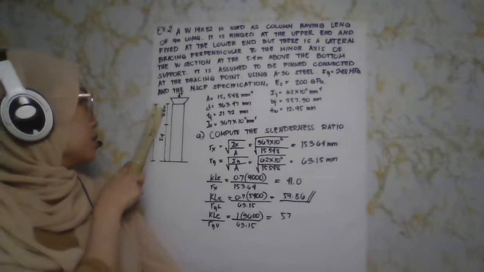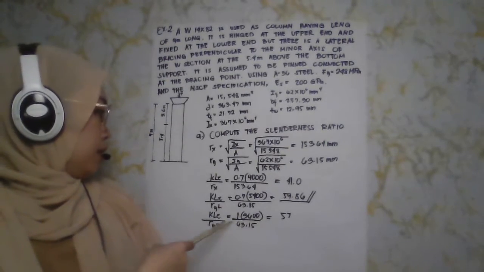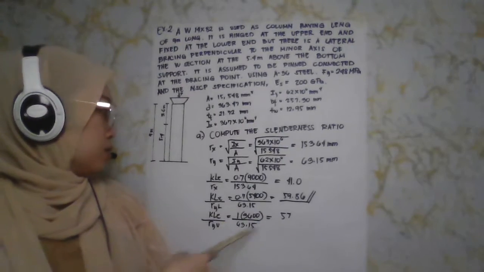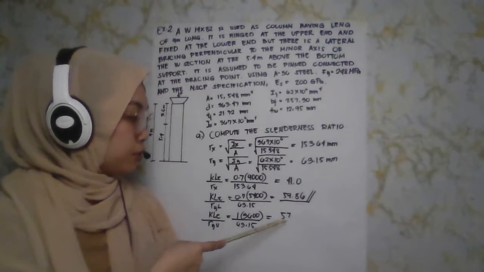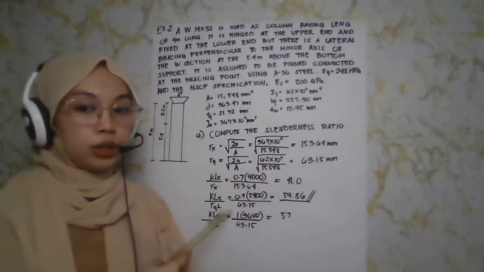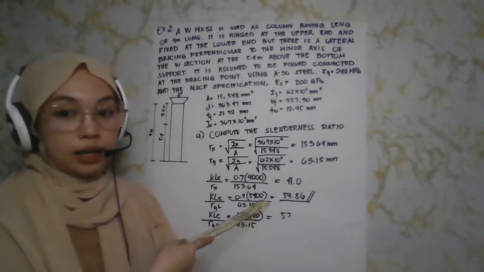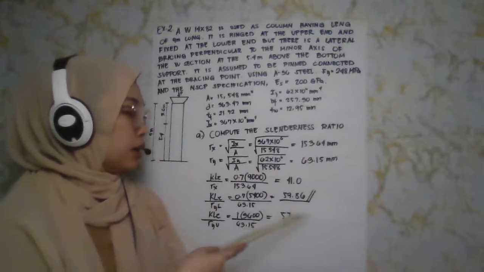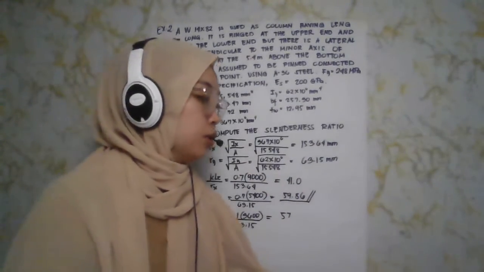So, 3,600 over the ry, 63.15. So, makuha natin dyan ay 57. So, ano ang slenderness ratio natin? Lagi natin pipiliin yung mas mataas. So, ang slenderness ratio natin ay 59.86.